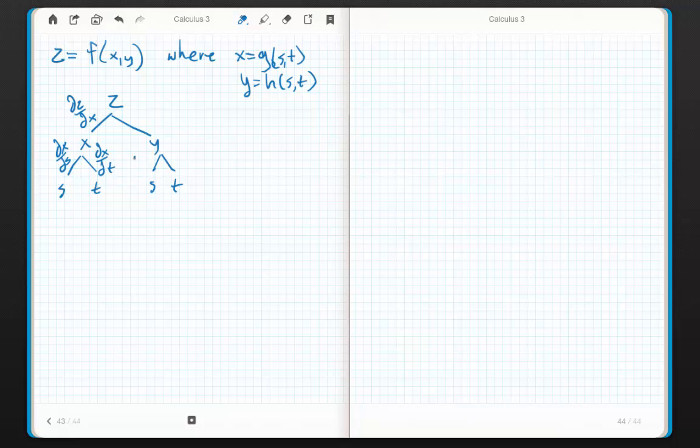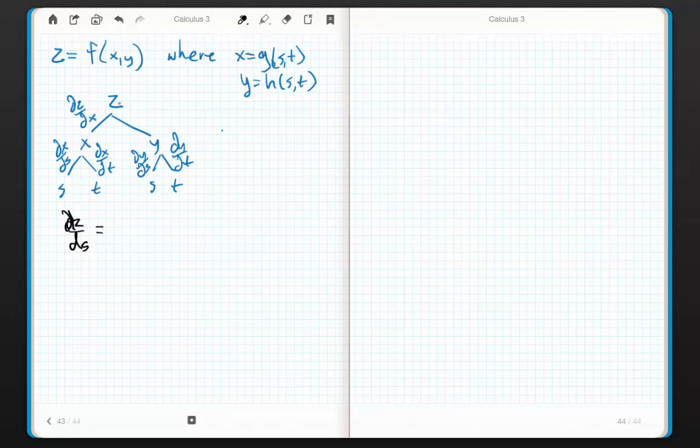And then from here to here is the partial y over ds and the partial y over dt. Now, notice I'm going to get partials of z that deal with the s and the t differently. So I'm going to have two separate partial derivatives. Not as intuitive as just plug it in, right? If I want dz over ds, let's put that as this guy.